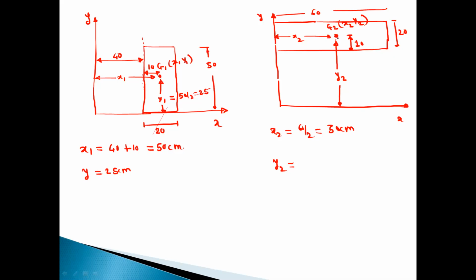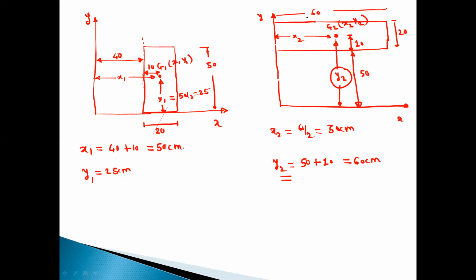And now measure this distance with respect to the x-axis. So we have to add this distance. Okay, so this distance is nothing but 50 centimeter. So 50 plus 10 is the complete y2. So y2 is equal to 50 plus 10 centimeter, that is equal to 60 centimeter. So this is how we can find out the x and y coordinate for each rectangle.